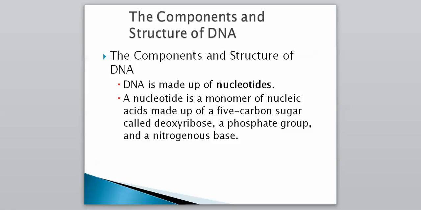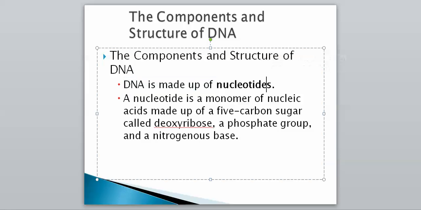So we know today that DNA is made up of nucleotides, so that's an important word. Most likely it will show up on a quiz that you have, because it is an important word. So know the word nucleotide here for your quiz. It is a monomer, which mono just means one, of nucleic acids made up of a 5-carbon sugar called deoxyribose.